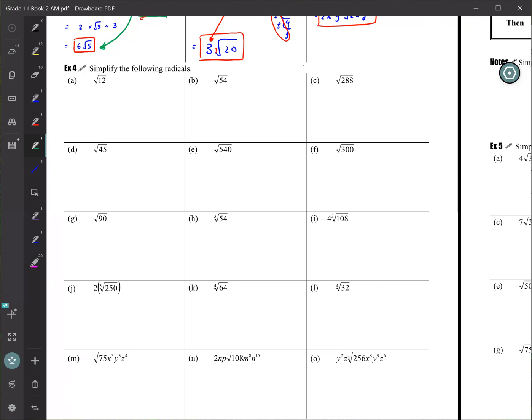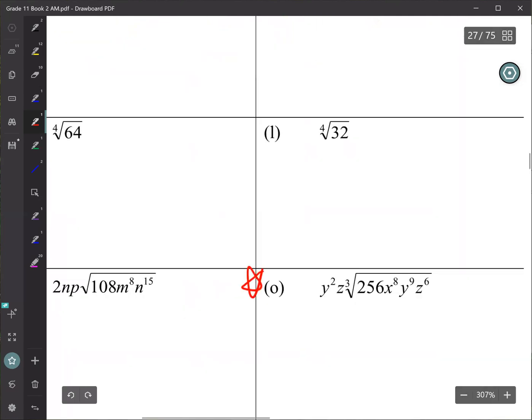Okay, pay attention to question O. Question O, this is a cube root, okay? The cube is not for the z. So be careful, this is a cube root. How do I tell it's a root or an exponent?